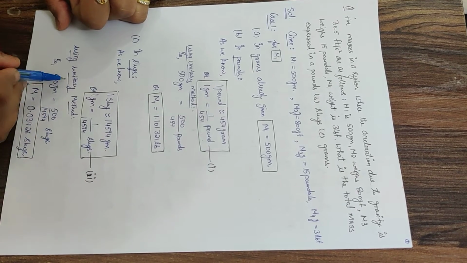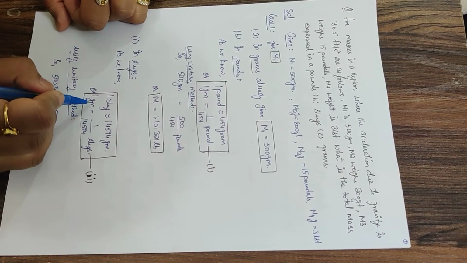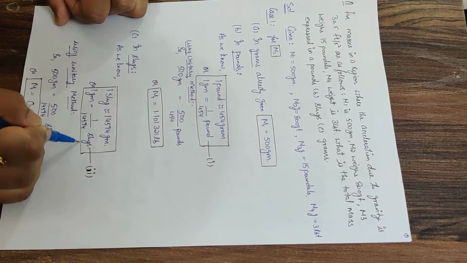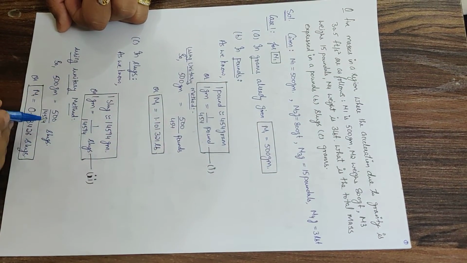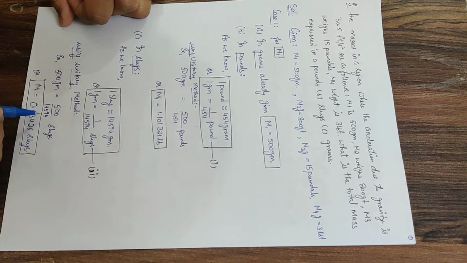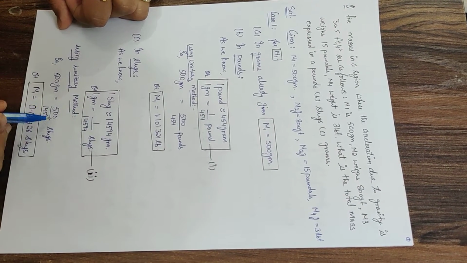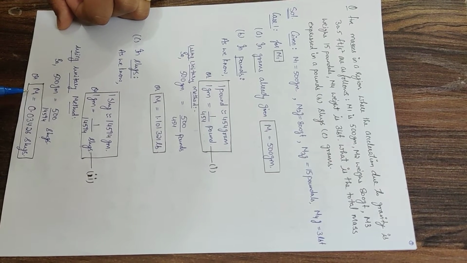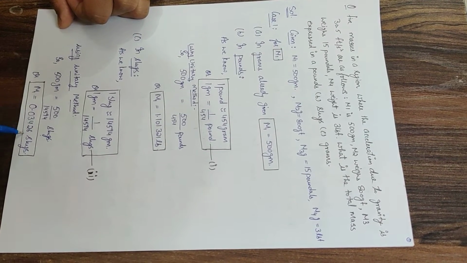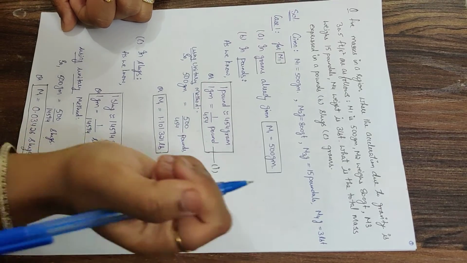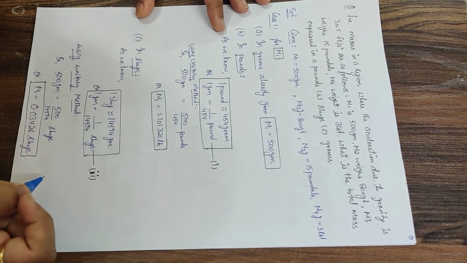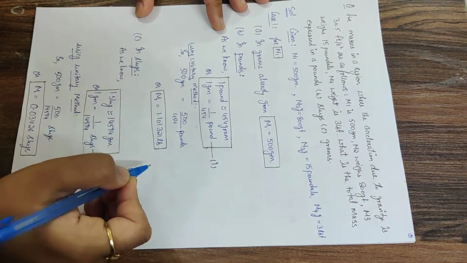Again we are using the unitary method, so 500 gram will be equal to 500 by 14,594 slugs. On dividing it using a calculator, we get the value for M1, which is 0.03426 slugs. So we have calculated the value of M1 in all 3 different units: in grams, in pounds and in slugs.